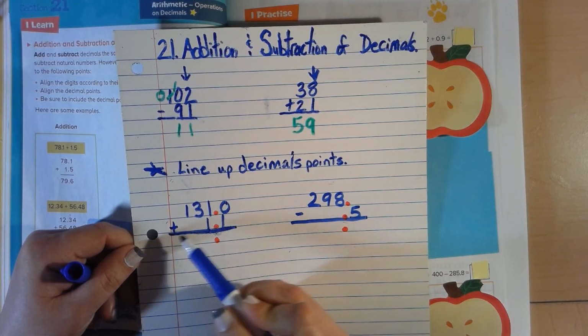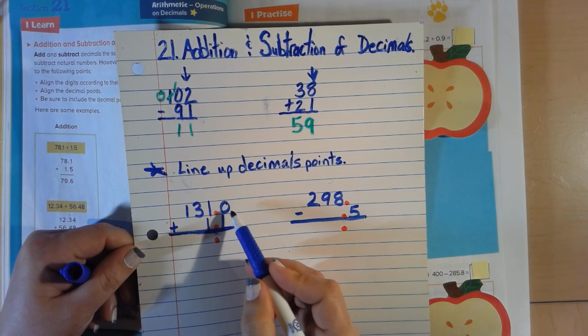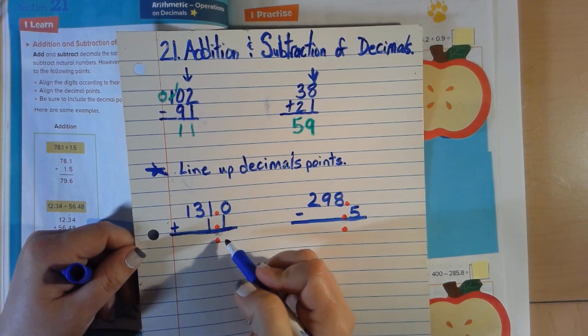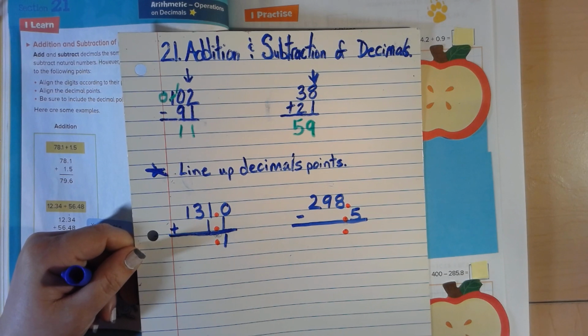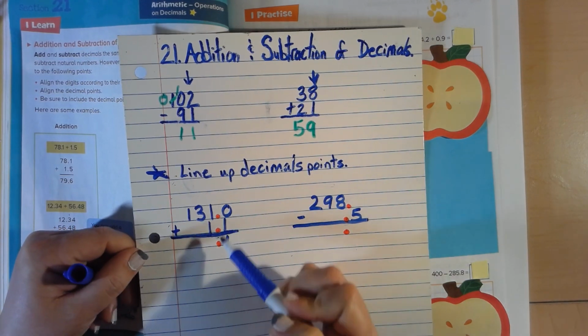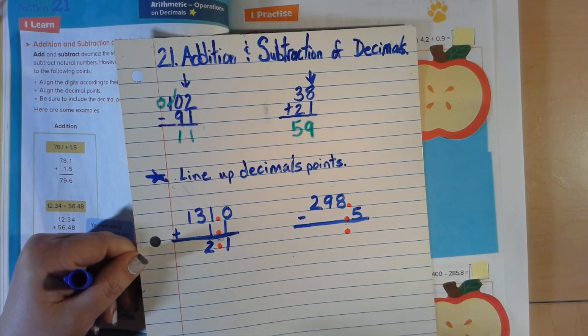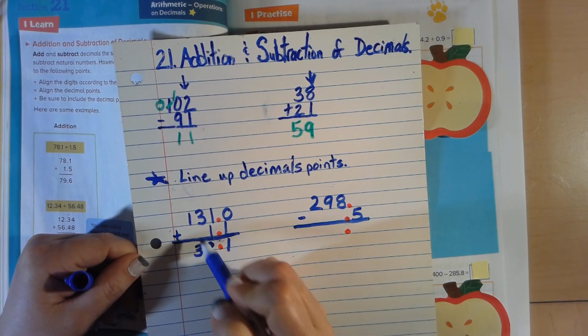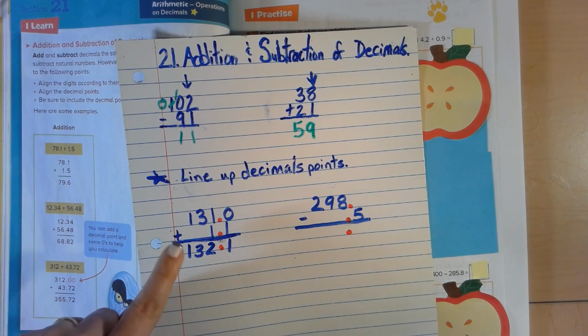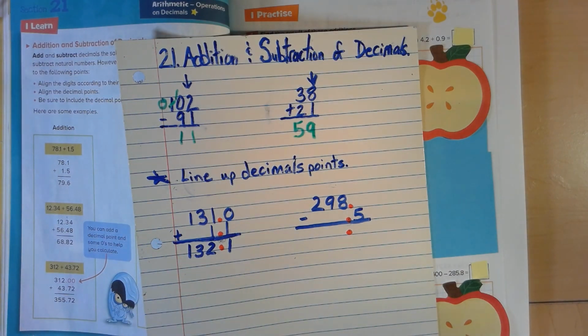So I have 0 plus 1, or 0 tenths plus 1 tenth is 1 1/10. Bring down my decimal point. 1 plus 1 is 2. Bring down my 3, bring down my 1. 131 plus 1 and 1/10 is 132 and 1/10.